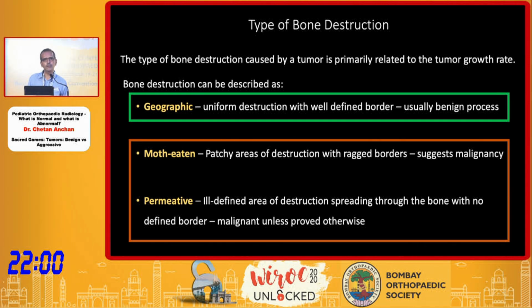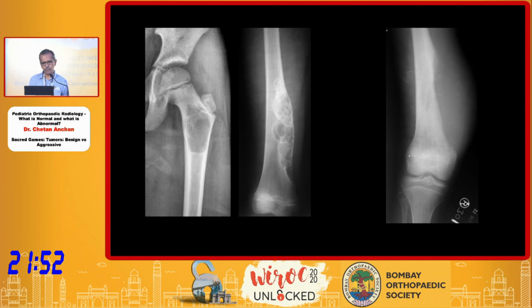Geographic indicates a benign condition, whereas non-geographic indicates a very aggressive or a malignant disease. So here we have examples of the geographic pattern of bone destruction, that is simple bone cyst and non-ossifying fibroma, and on the right side, it is a Ewing sarcoma of the distal femur.